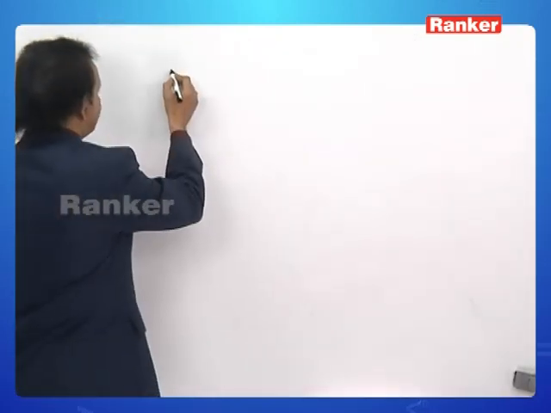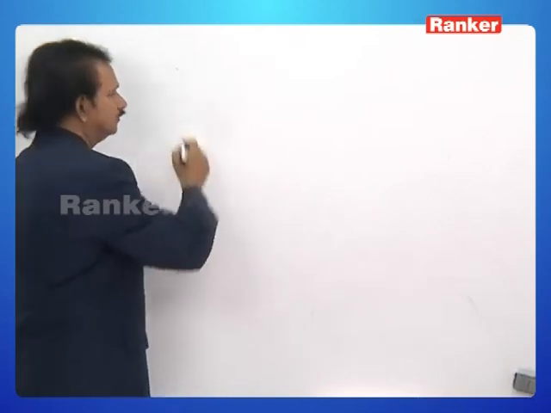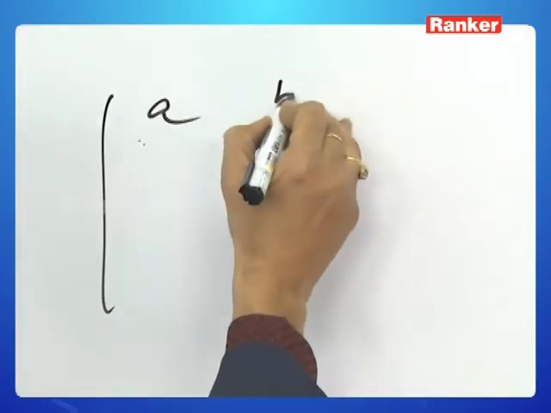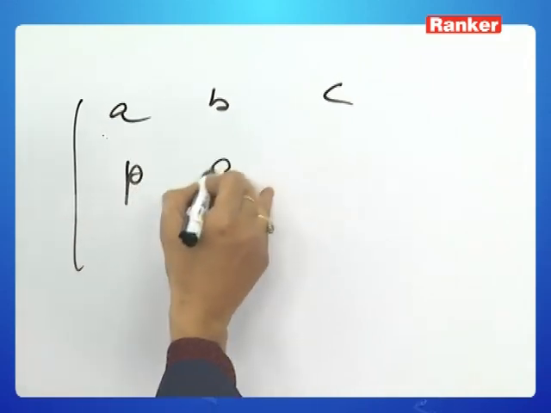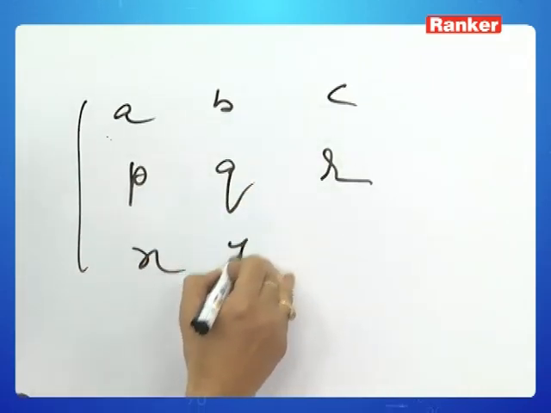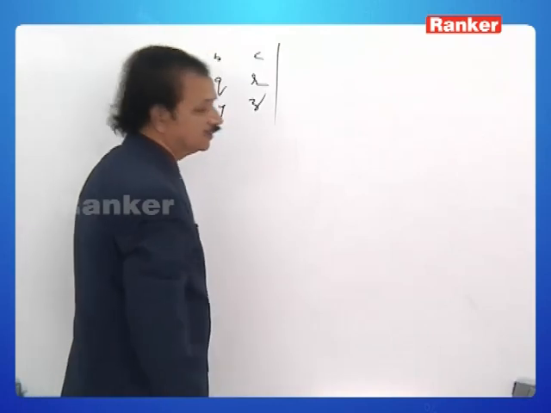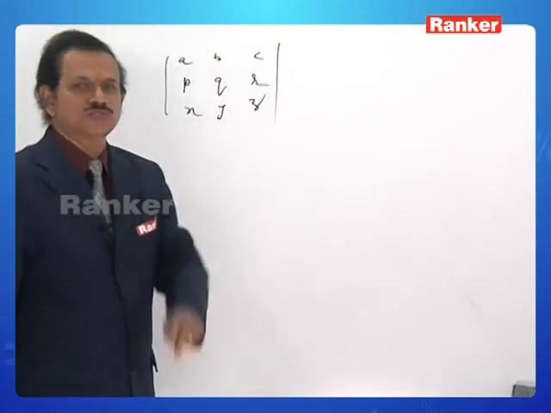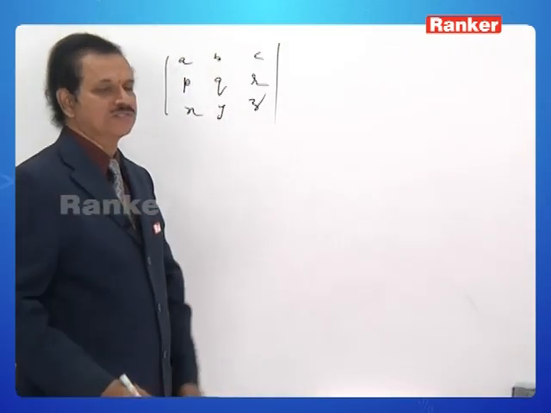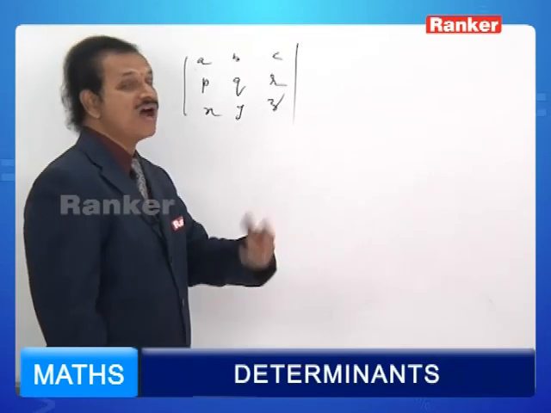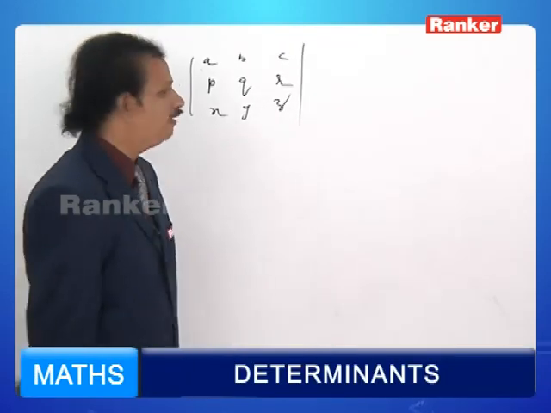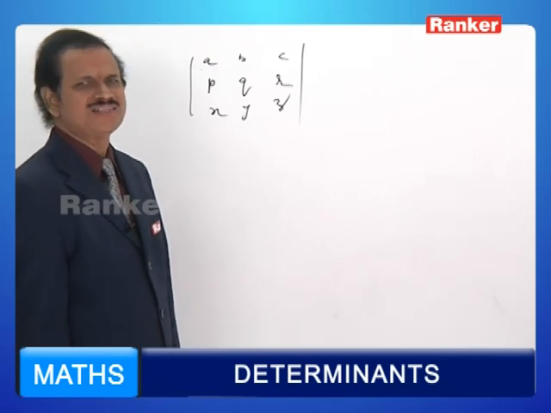Another beautiful property. If there is a determinant, say A, B, C, P, Q, R, X, Y, Z, then if you interchange 2 rows, the value of the determinant gets the opposite sign. 2 columns, same. Now I would like to interchange all the rows and columns.